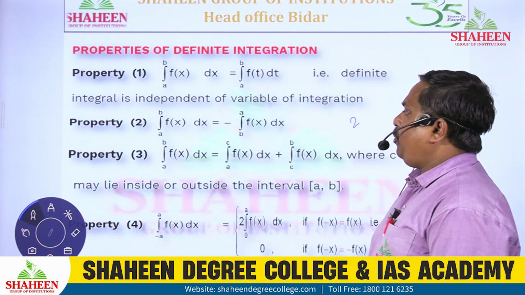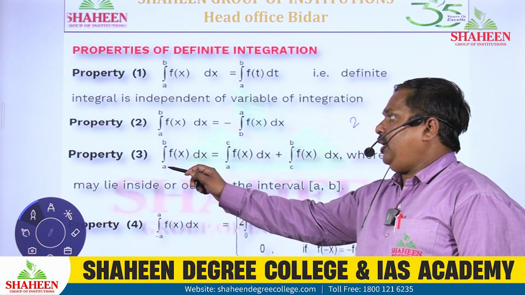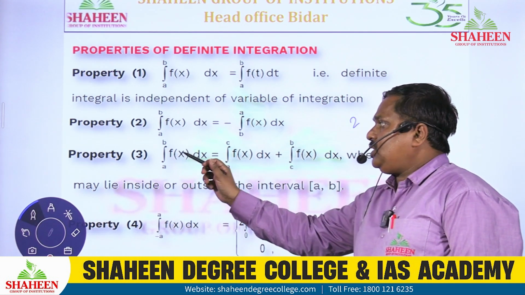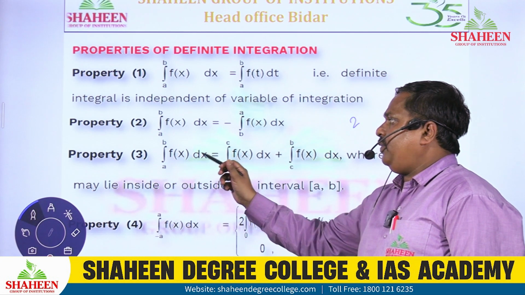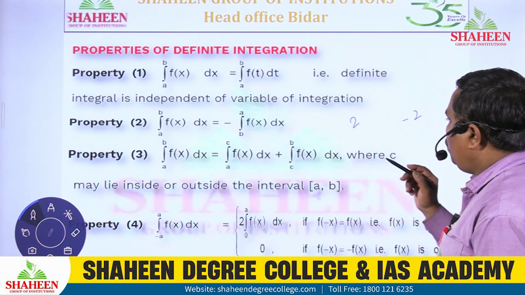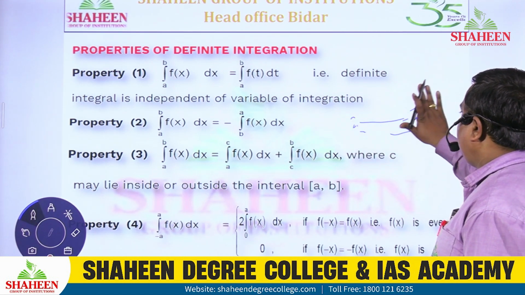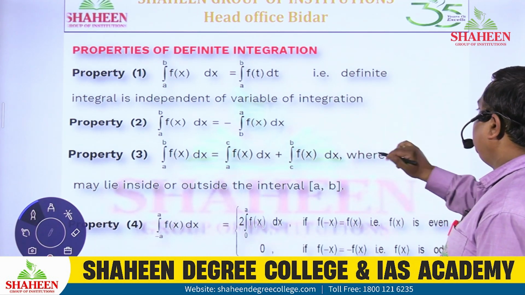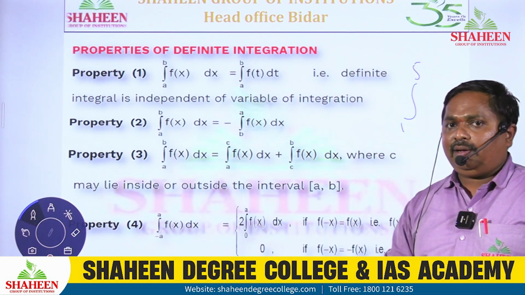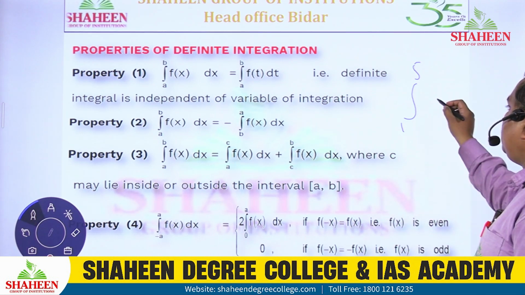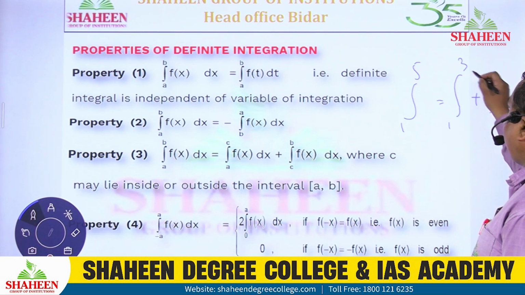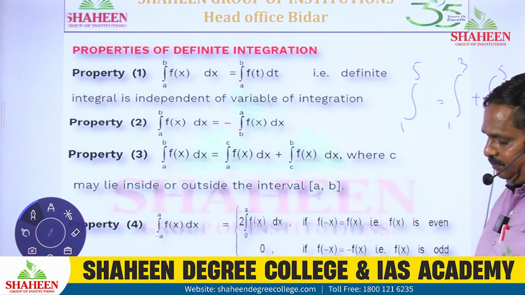Next, the third property: if we have integration from a to b f of x dx, then we can split it as a sum of two integrals. Suppose we are finding the integration from 1 to 5, then we can break this integration as a sum of two integrals, like 1 to 3 and 3 to 5 dx.